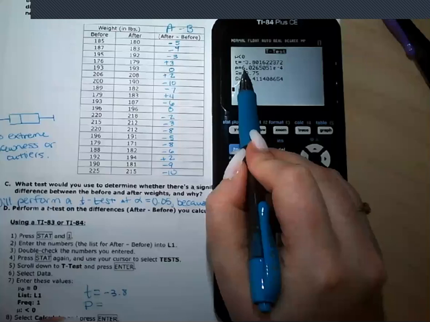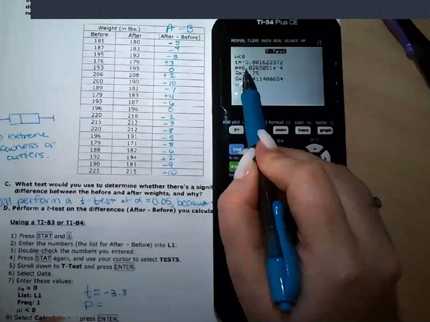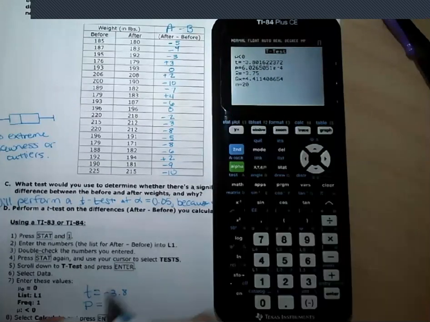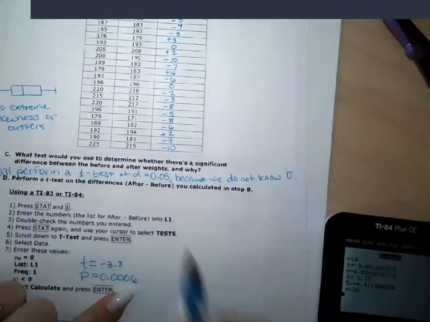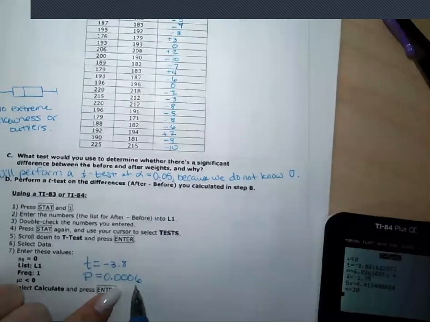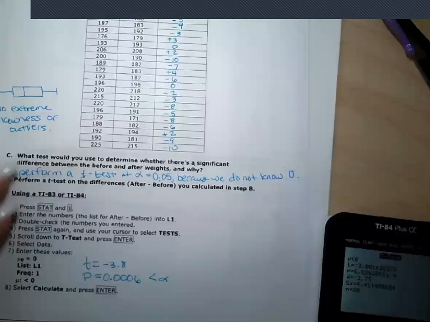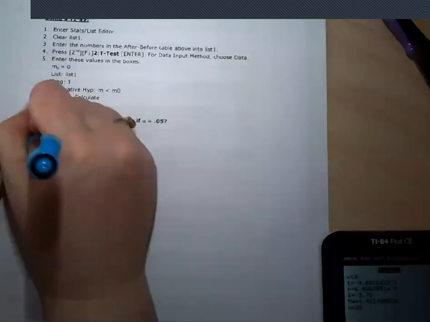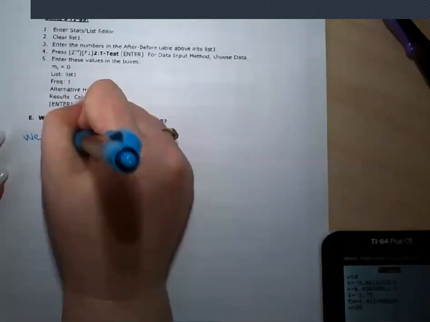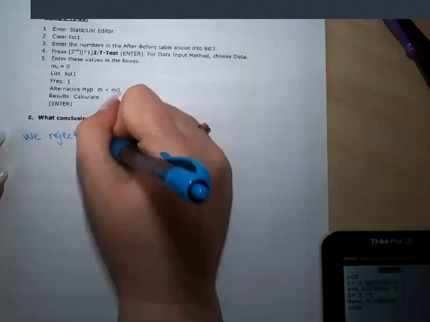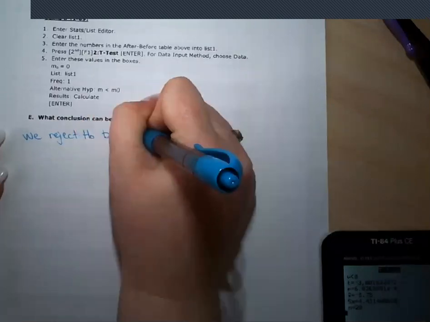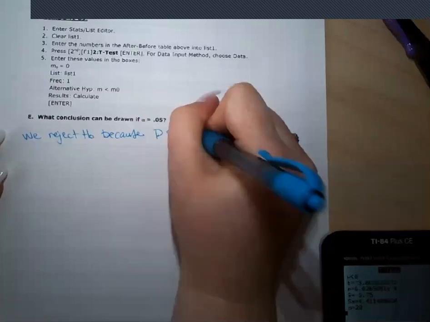And again, this e negative 4 means I'm going to take that decimal and move it 4 spaces to the left, so it becomes 0.0006. So is that less than our alpha? Absolutely, it is less than alpha. So we can reject our null, which is the last part of this. We reject H naught because P is less than alpha.